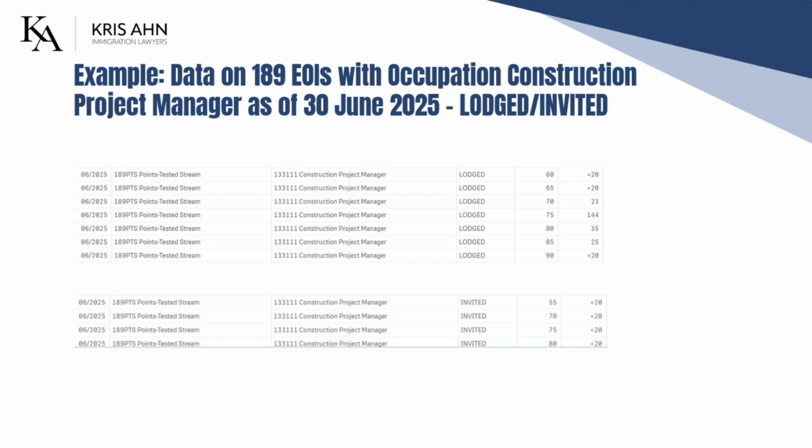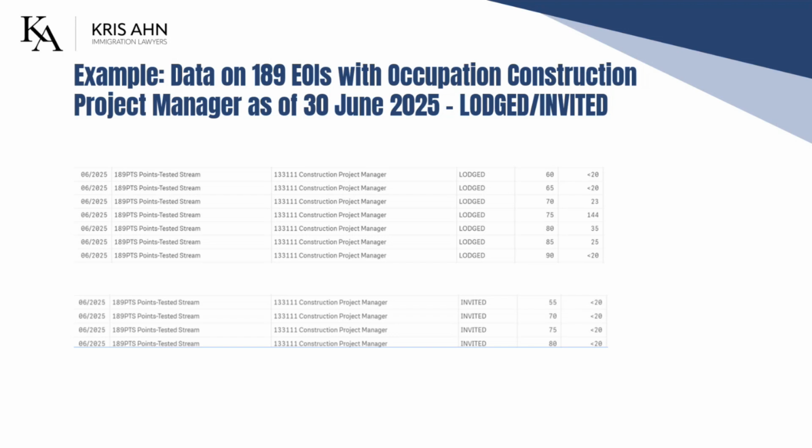This 85 points. Someone who had a skills assessment for construction project manager submitted an EOI for the 189. At the end of June, they had lodged the visa, and there were 25 people who did that. Not 1, not 2, 25.